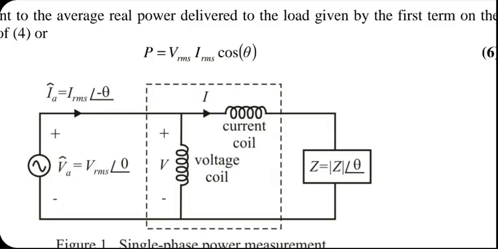And Q was given by V RMS I RMS sin phi. So conceptually, a wattmeter can do the VAR meter job also, as long as you have this 90-degree phase shift. That means instead of cosine phi, you have to use sin phi. If that is included in calibration, then this assembly has the potential to become a VAR meter also.